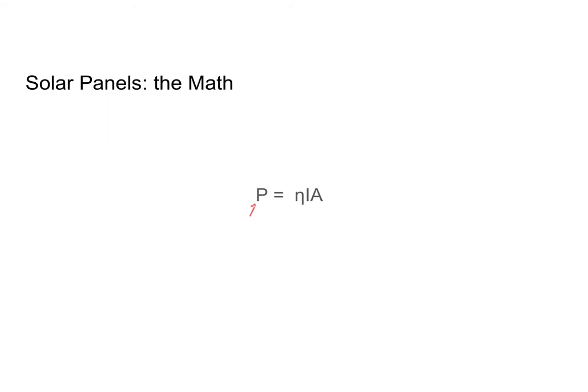So the math for solar panels is really, really simple. So the power, let me go ahead and write that in yellow like I've been doing for some of the other videos. So the power generated by a solar panel is equal to the efficiency. And in this case, this is actually the efficiency as a decimal rather than as a percentage.